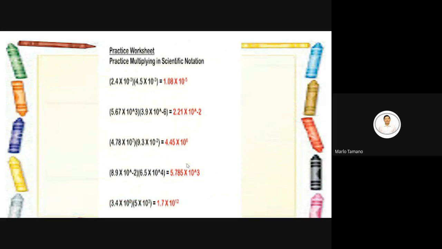So, ito po yung ating practice. I-check lang natin kung tama ang sagot. 2.4 times 10 to the negative 3 times 4.5 times 10 to the negative 3. Paki-check po kung tama. Get your math notebook and answer.